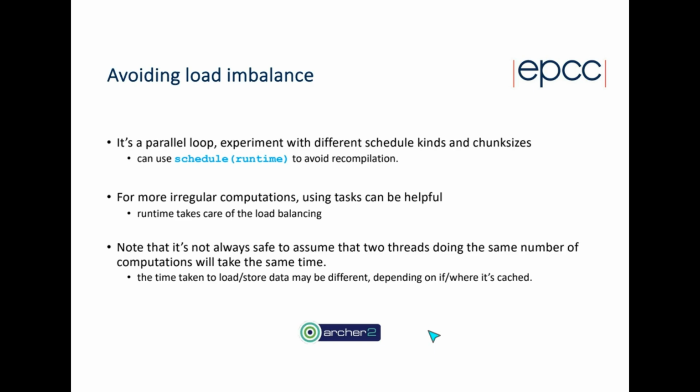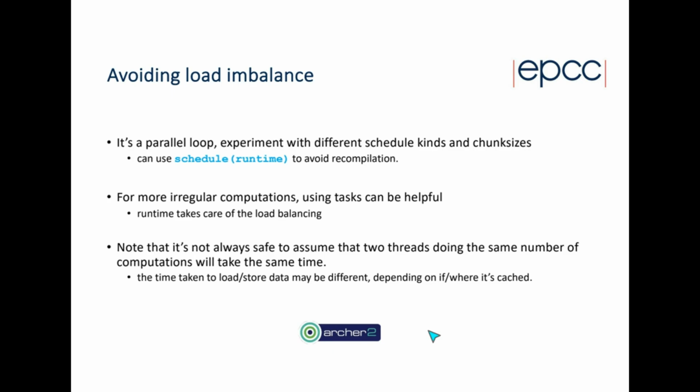Just a word of warning, it's not necessarily safe to assume that 2 threads doing the same number of computations will actually take the same time to execute them. Just because they're executing effectively the same code and doing the same number of, say, floating point operations, does not necessarily imply they're going to take the same amount of time.